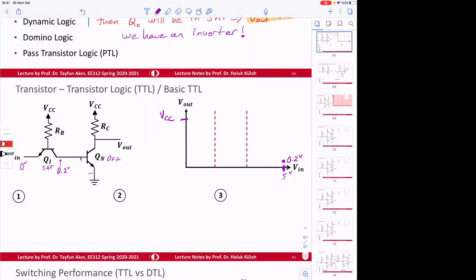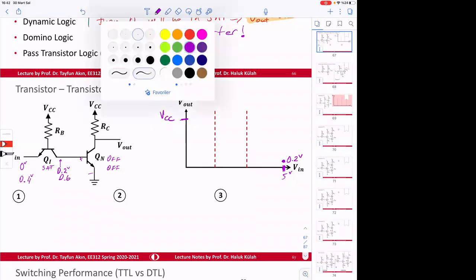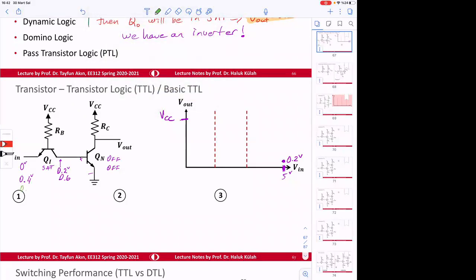Okay. So if we increase this voltage to 0.4 volts, this node is going to be how much? 0.6. So still it's going to be off. However, when we get here 0.5 volts, this node is going to be 0.7 volts. So QN starts turning on.